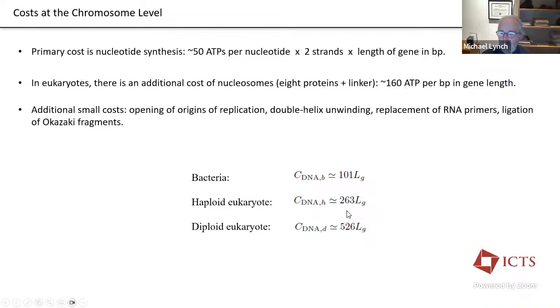And then in a diploid, this basically doubles up with respect to haploids. So the cost of a gene at the chromosome level is considerably higher than it is for bacteria because of our use of nucleosomes. There are also big differences. I just multiplied here by the length of a gene, but the length of genes in eukaryotes is also quite a bit longer.